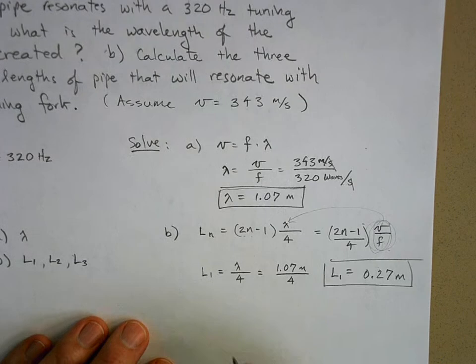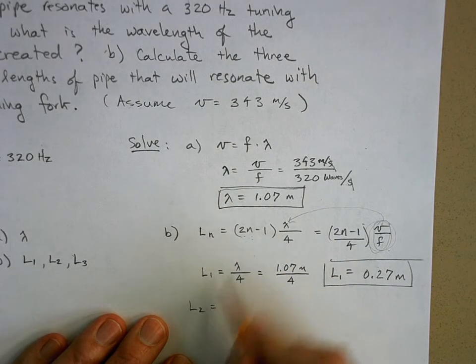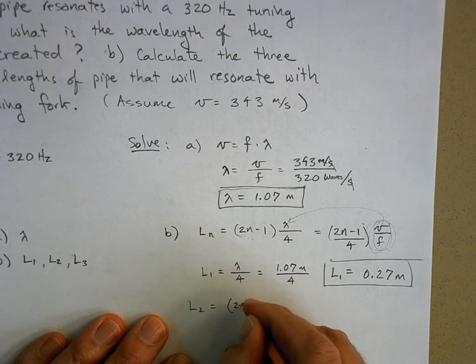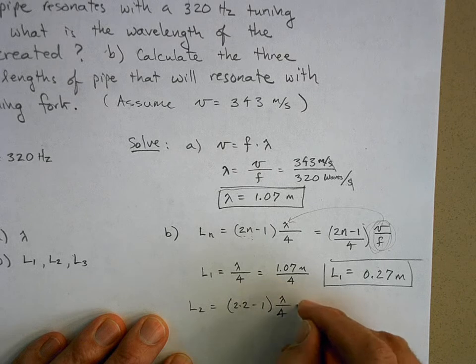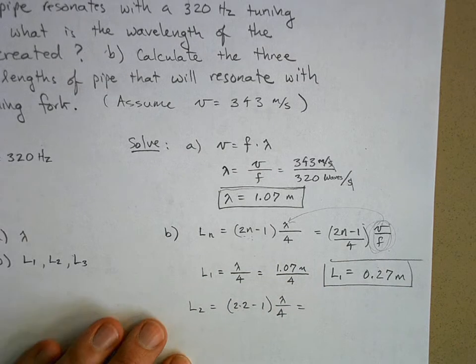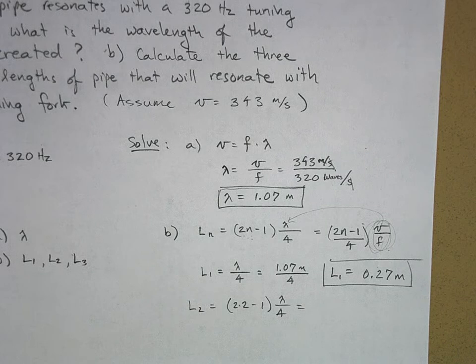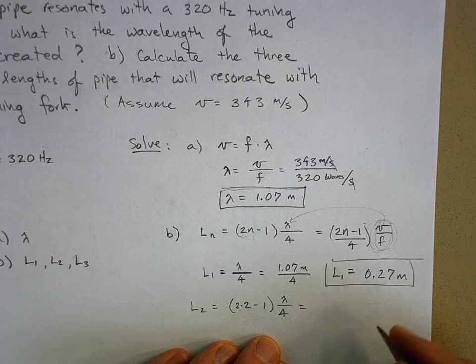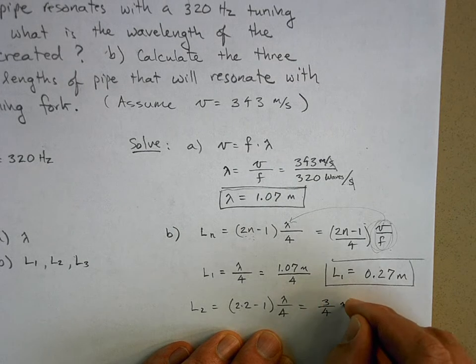Now L2. Well, what do we substitute in for n here? The 2. So it's 2 times 2 minus 1 times the wavelength over 4. Well, what's 2 times 2? 4 minus 1 is 3. Remember, another way of remembering it, it's the odd multiples of the first length that will resonate. So you'll get one that is 3 times as long. So that's 3/4 of the wavelength.